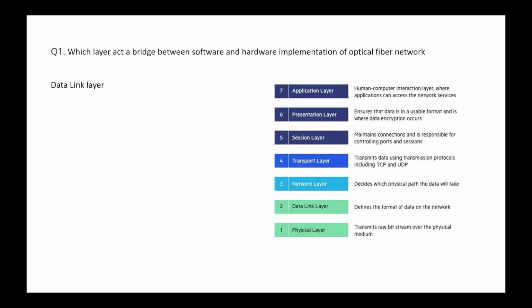So for optical fiber cable we use the physical layer, because we want to transmit data from our system. If anyone wants to email me, how will that email reach me? Suppose you write an email from your laptop or computer and it has to be received by me.